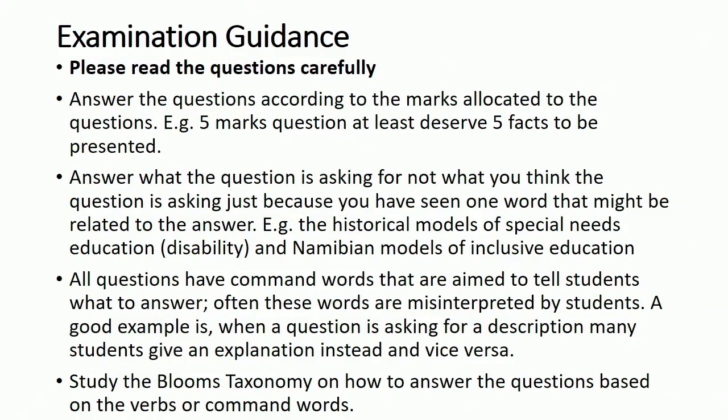For example, when we talk about the historical models of special needs, and then we talk about the Namibian models of inclusive education, there the students are getting confused. When we talk about historical models, we look at something that happened in the past. In the past, it was segregation. It was institutionalization.